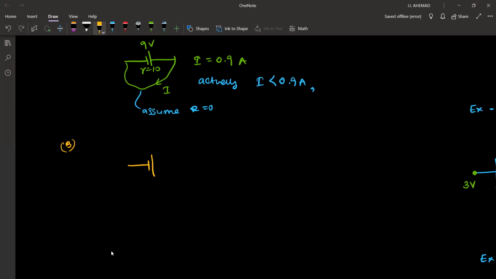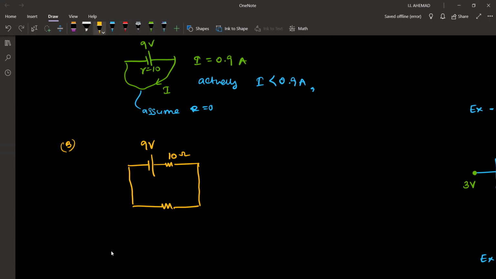We can consider the internal resistance as an external resistor. Now let's connect a 10 ohm resistor. If we connect a 10 ohm resistor, this is 9 volt, this is 10 ohm, this is an external circuit, external resistor.